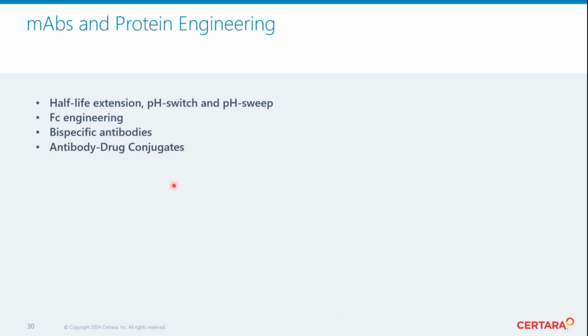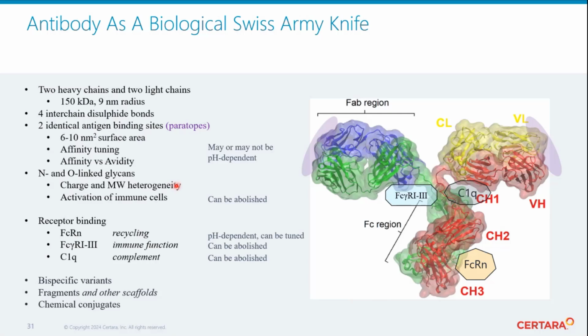Yeah, I alluded to already that a MAB is literally a bit like a Swiss Army knife. Just to remind you, there are 2 heavy chains, 2 light chains. At the top of the heavy and light chains, there is the binding site called the paratope. Every antibody has 2 binding sites for the target. It also binds FcRn, which is the neonatal receptor, in the Fc region here.